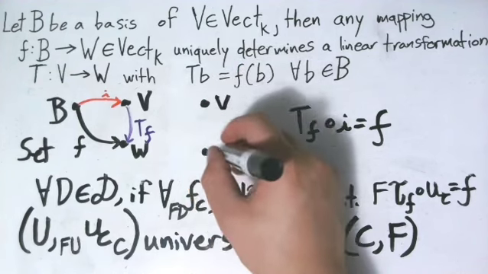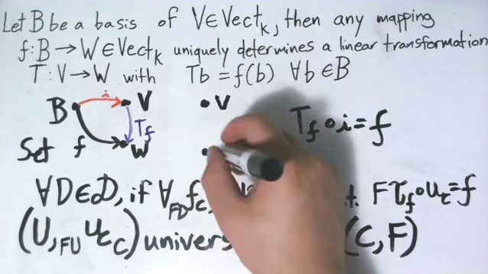And we know that there's a forgetful functor, which we might call F, going from Vect K into the category of sets, which just maps every vector space to itself and every linear transformation to itself as a set function.